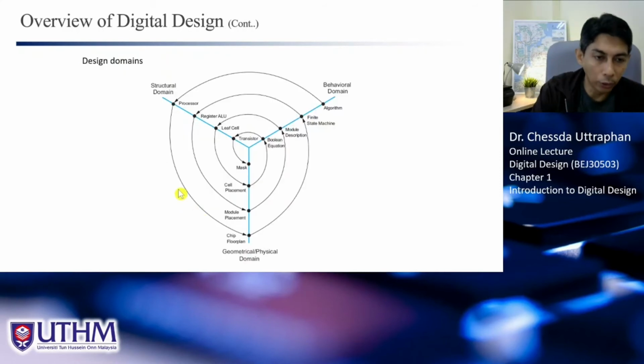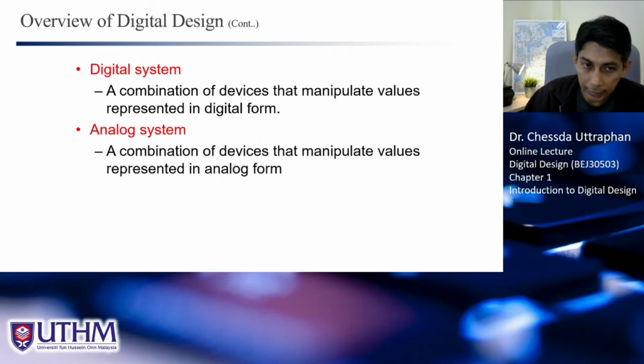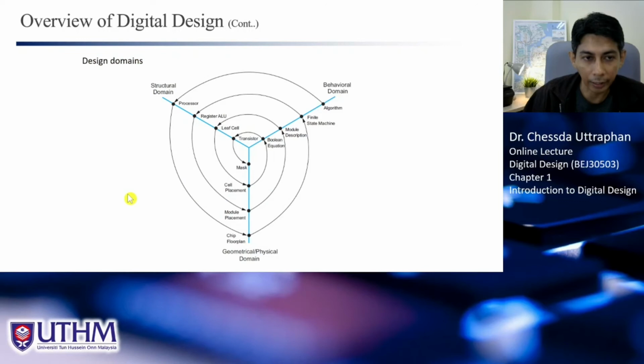Now we know what a digital system is, what digital design is, and why we learn and use digital design. And now we will look at how we design. This we call the design domain.